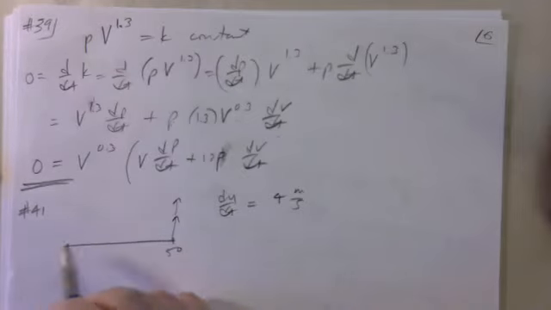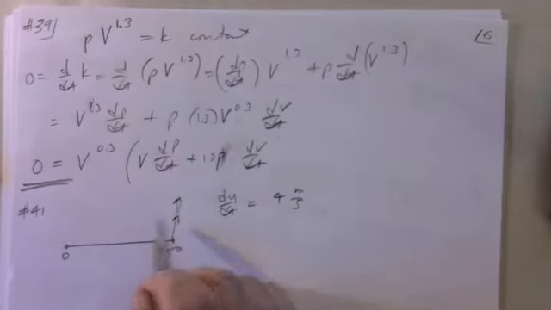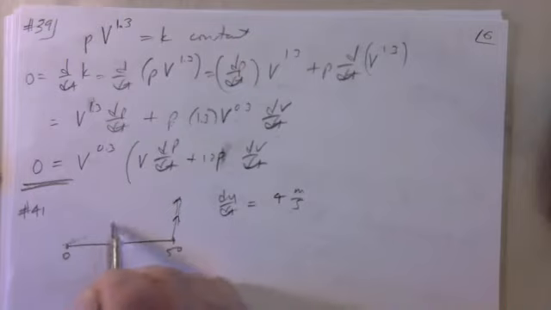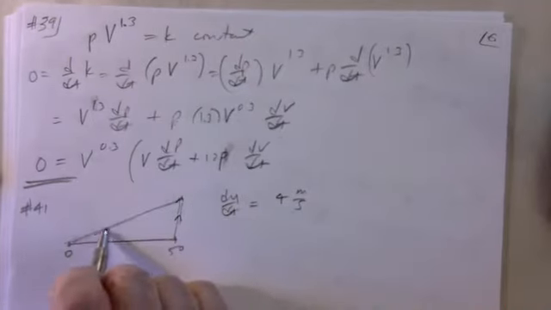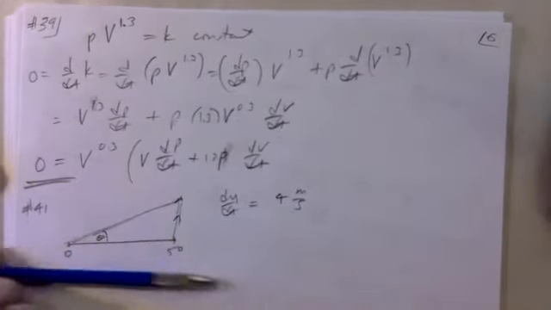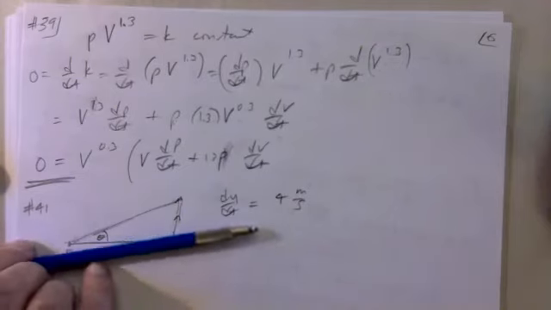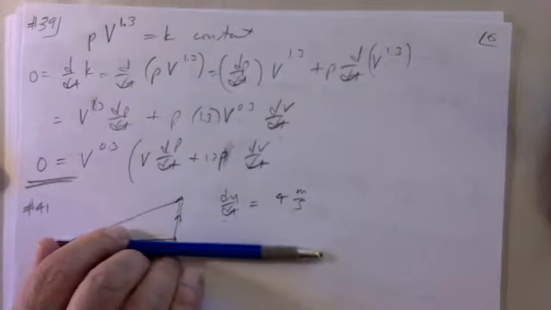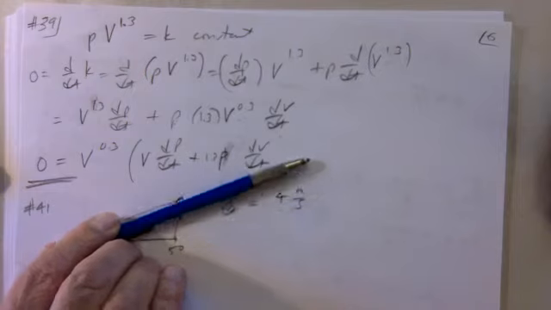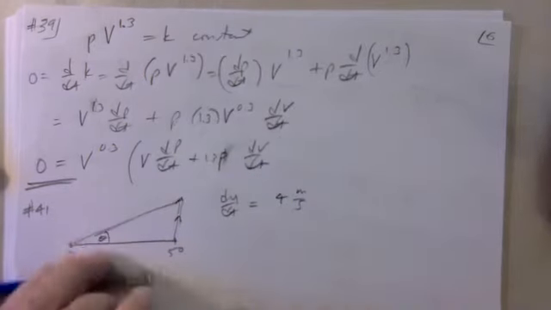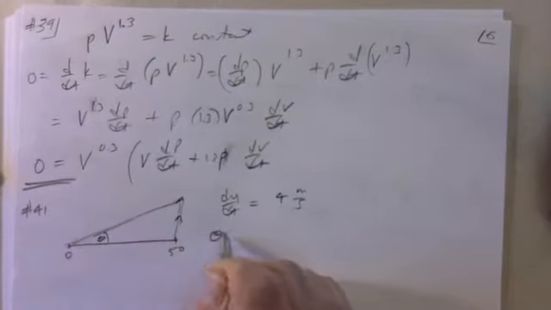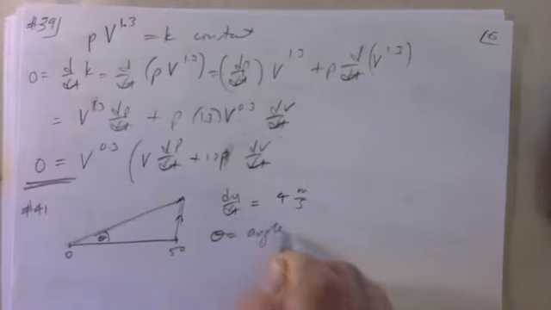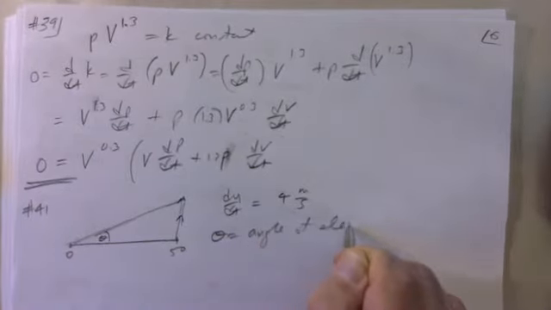Now, the observer is looking at this balloon go up. And you can imagine he's looking at it with a telescope. And as the balloon goes up, his telescope is following it. And this angle theta is what's called the angle of elevation.